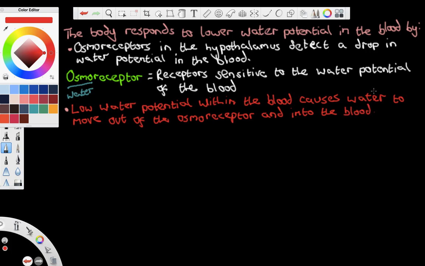Okay? Now, as the osmoreceptors shrink, they cause the hypothalamus to create something known as antidiuretic hormone. So we can put another bullet point, and I'm going to switch to white because it's not as important.